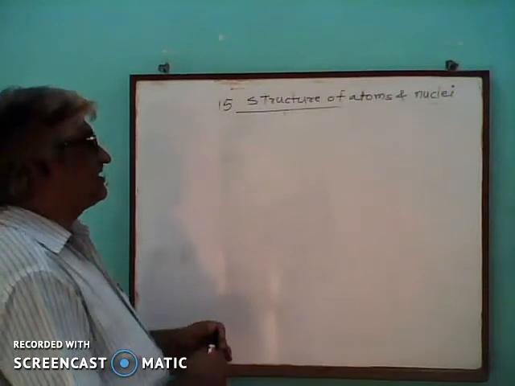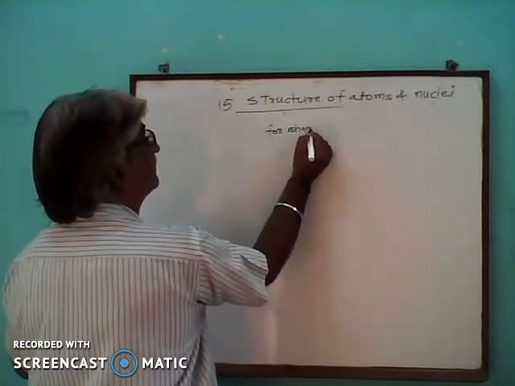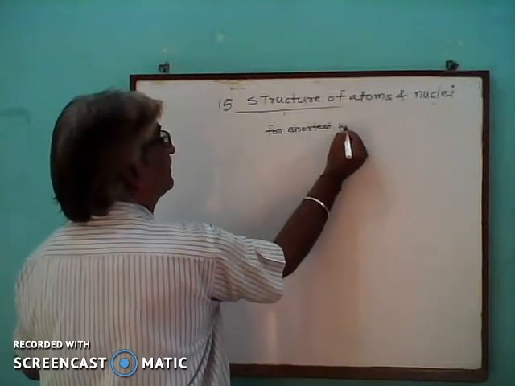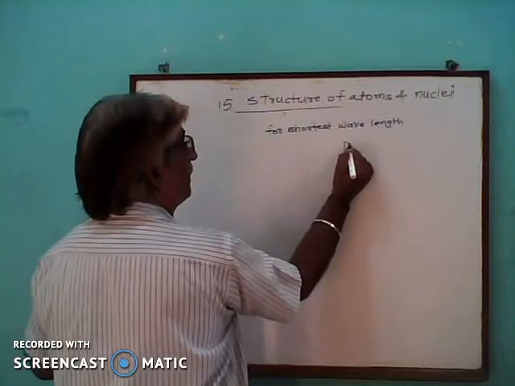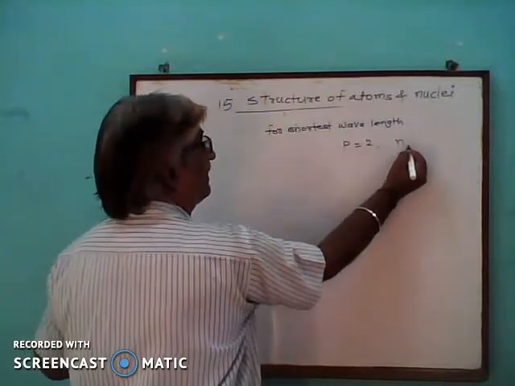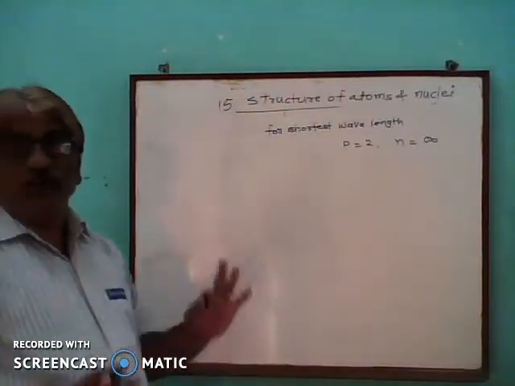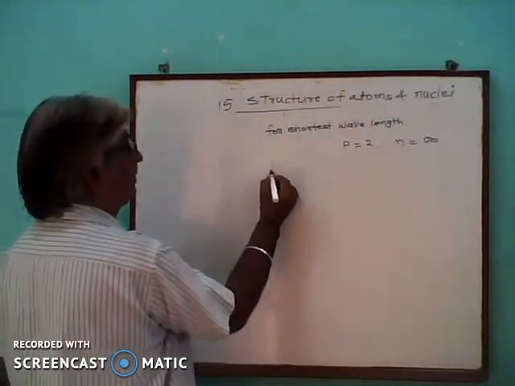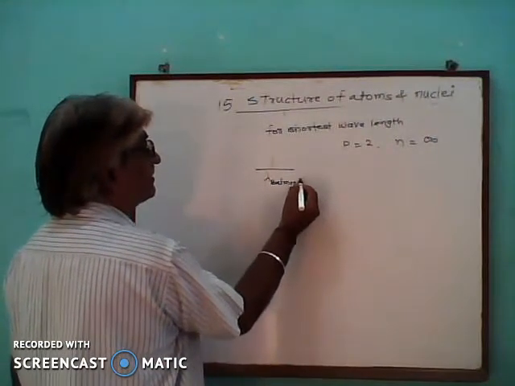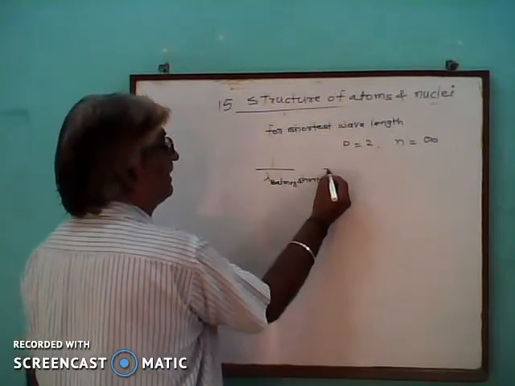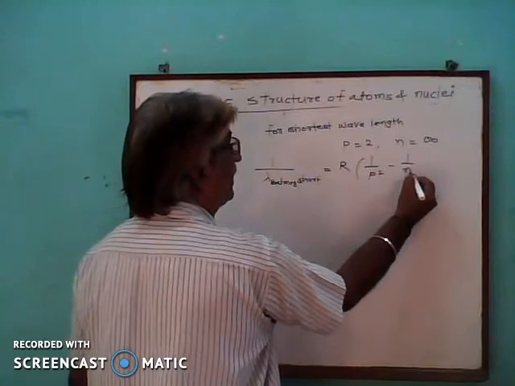But for the shortest wavelength, take P equal to 2 and N equal to infinity. Using Bohr's formula, 1 upon lambda Balmer shortest is equal to R in bracket 1 upon P square minus 1 upon N square.